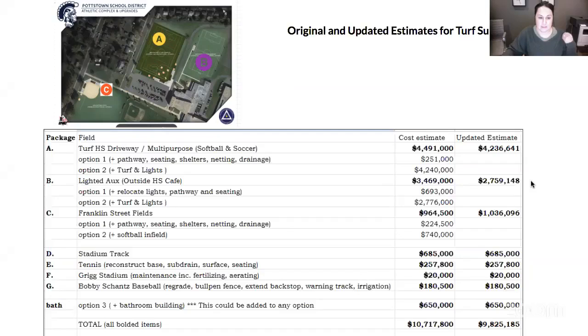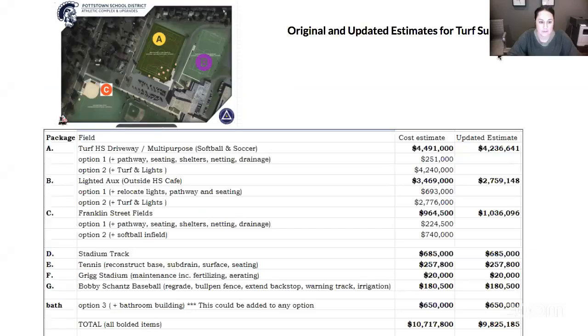The updated estimate for that was $2.7 million, and that is actually for turf surfaces. We'll talk about that a little bit later, because it's actually not ideal to put turf in that area based on some of the additional studies that were done with the soil.